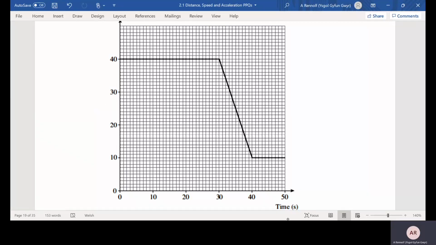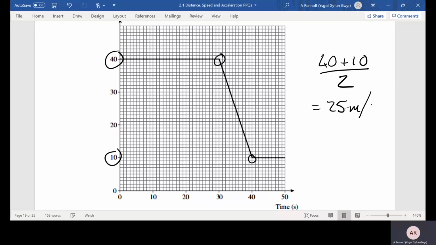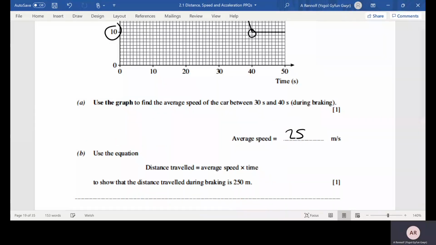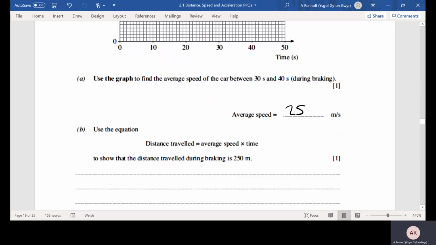Another way to think about it is we start off at 40, we end up at 10. 40 plus 10 divided by 2, so the average of both of those is 25 meters per second. The average speed then is 25 meters per second.